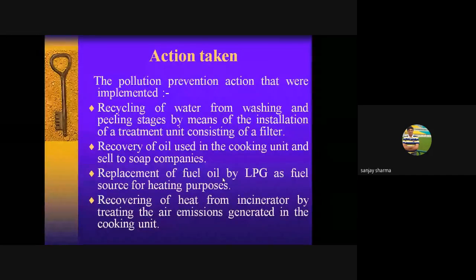And this starch, which is otherwise waste and difficult to throw, is a raw product for the textile unit. So they are selling that particular thing to them.